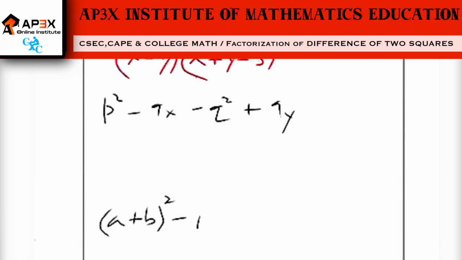And right away, you see two terms that are squared. So I can therefore go ahead and say p squared minus q squared minus 9x plus 9y.